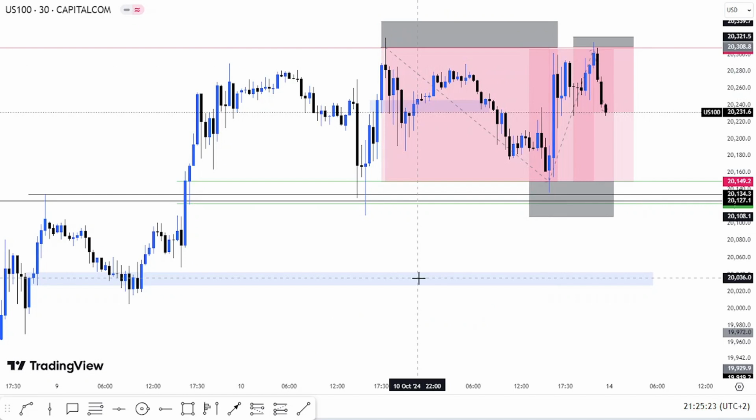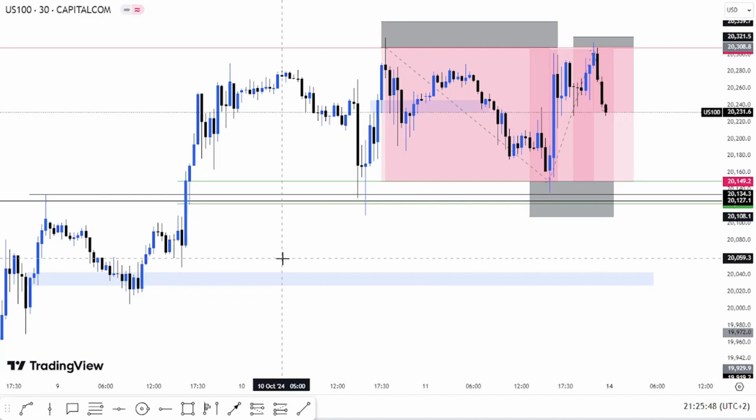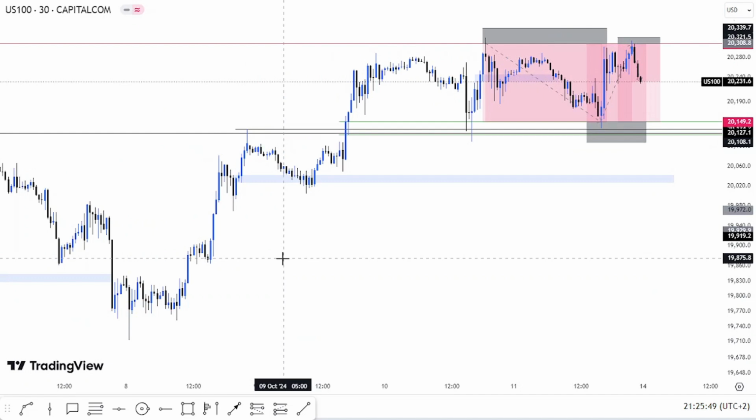Right now you can see that we are trading in a range, which is okay. I'm killing this range. Really hope that we're going to decide next week. We need to break the supply or this demand, and then I'm going to this demand, the supply zone that keeps holding.